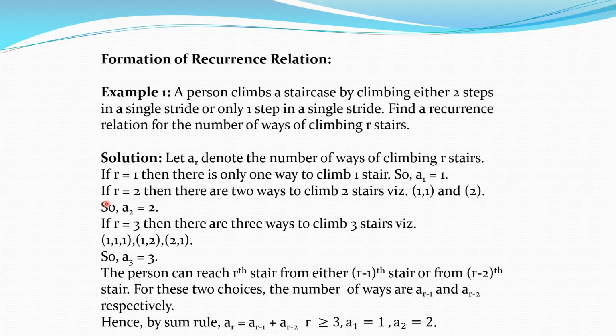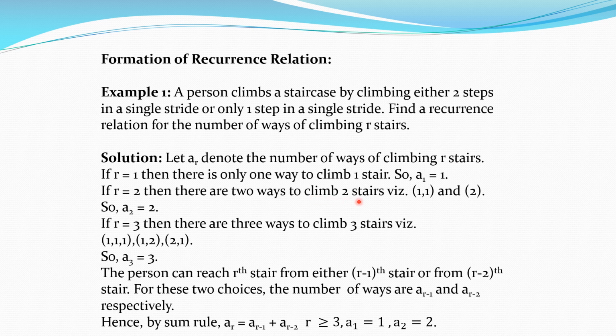Now see, r is equal to 2. It means there are two stairs. Then how can he climb? We find out the different ways. One way is only one step in a single stride: first he goes to the first step, then the second step. So it is 1 comma 1.